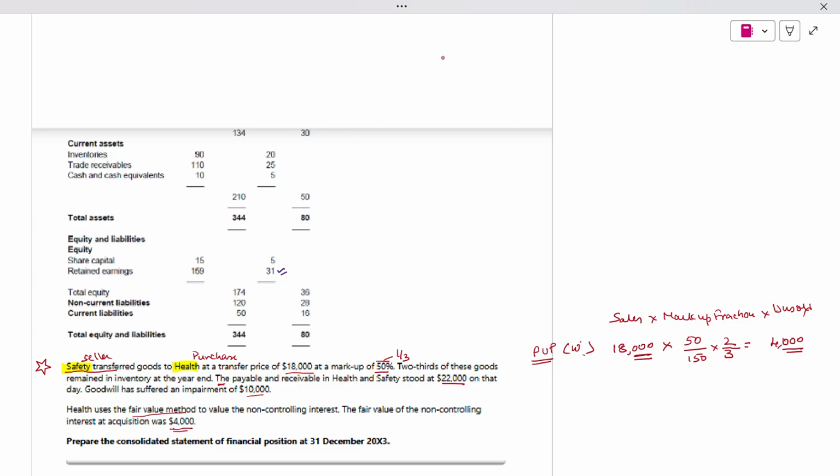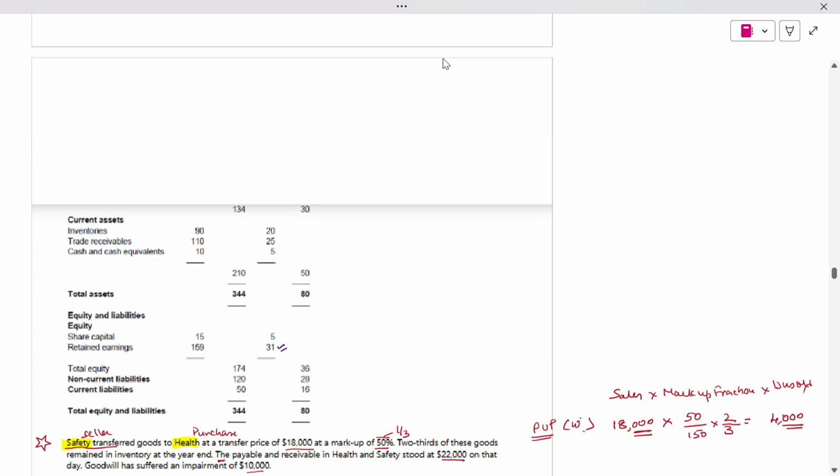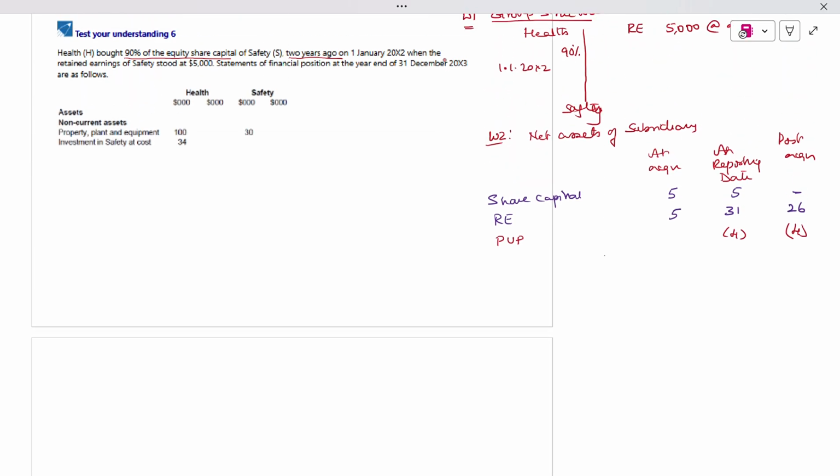This is one additional point we are doing. How much is there? It is 10. And how much is there? 22. Is it okay? This is one point we are doing.